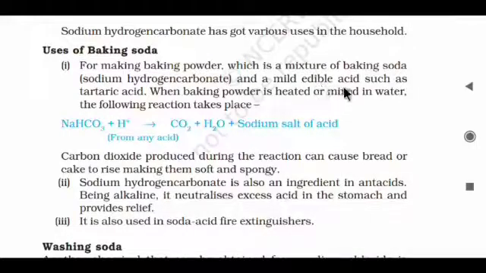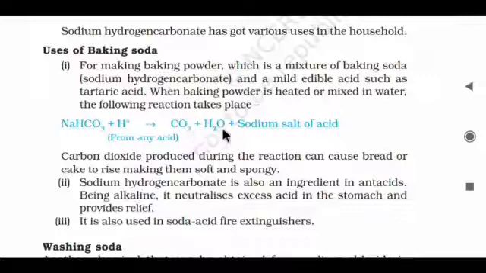When baking powder is heated or mixed in water, the following reaction takes place. This one is sodium hydrogen carbonate plus H+ ion in the form of any acid. In place of H+ there may be HCl, HNO3 or CH3COOH, but why is only H+ written here? Because the H+ of any acid will be helpful here.